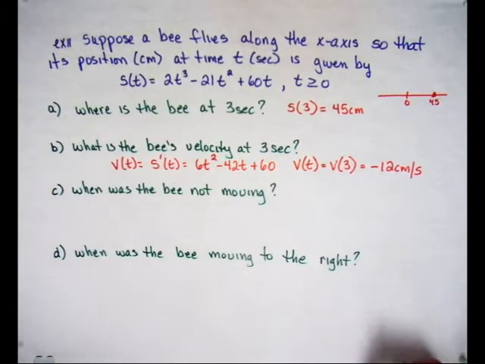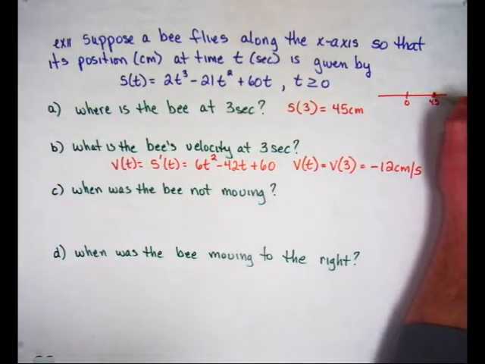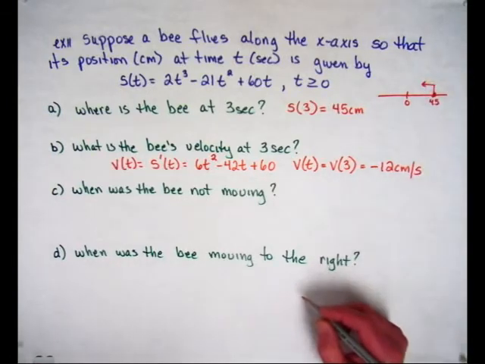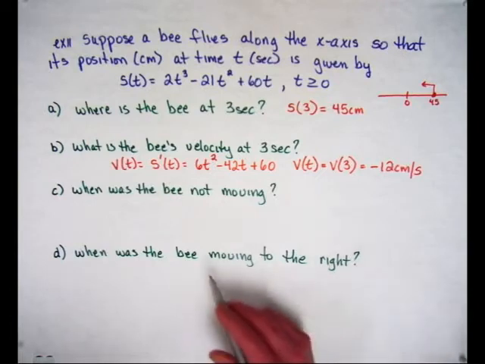So now, not only do I know where the bee is located at 3 seconds, right here at 45 centimeters, but I know it's traveling with a negative velocity, which means to the left, at negative 12 centimeters per second. So now I know that the bee is traveling back toward the origin at a velocity of 12 centimeters per second.